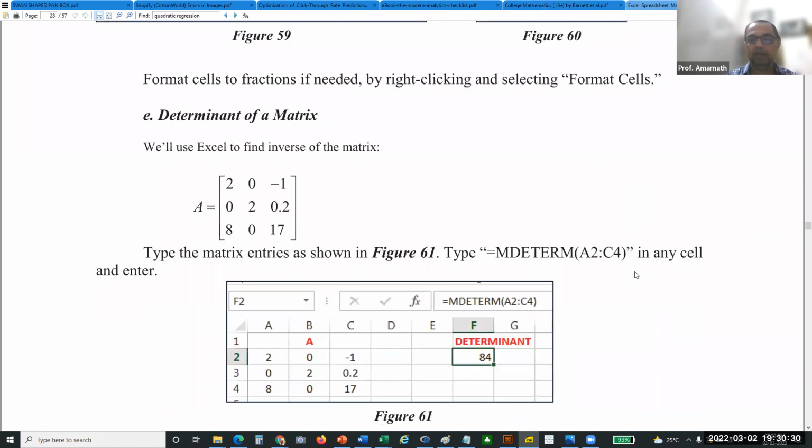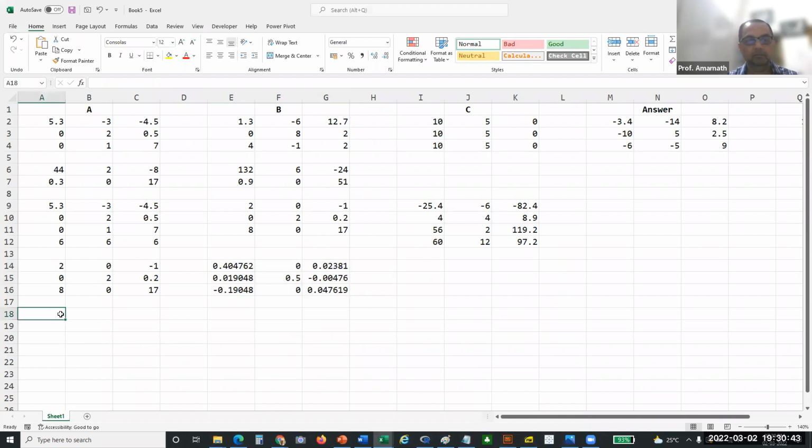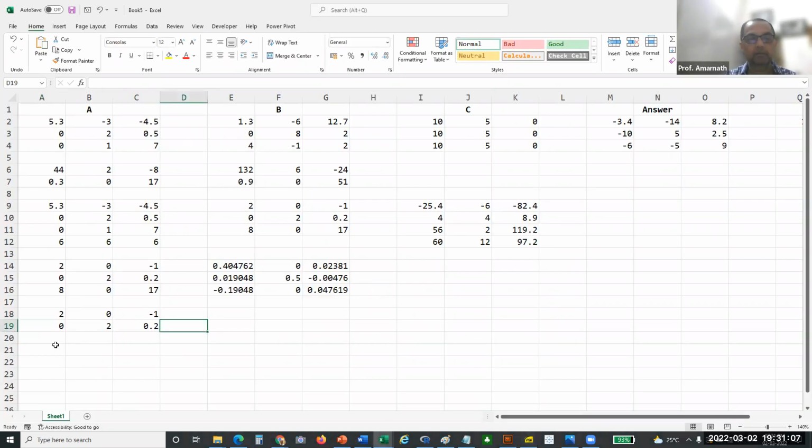Now the determinant of a matrix. So it is 2, 0, minus 1, 1, 0, 2, 0.2, 8, 0, 17.